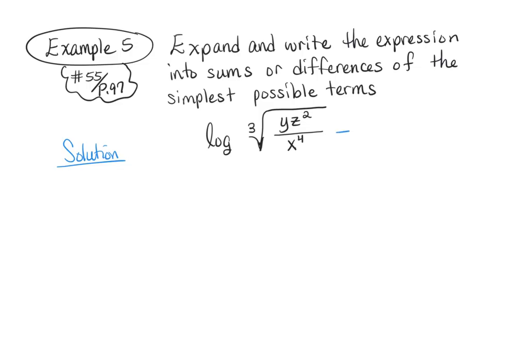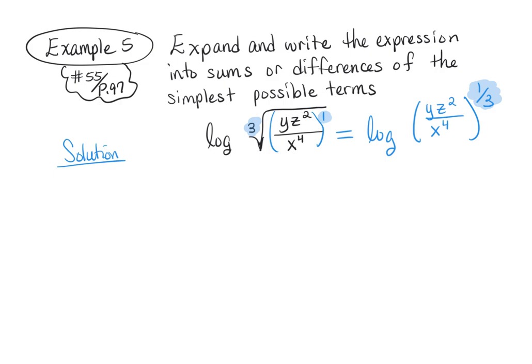So first thing we're going to do is rewrite this logarithm as log of yz squared divided by x to the 4th, that quantity raised to the 1/3. Because technically, this is really raised to the first power, and this 1/3 goes there. Okay, so that's really our exponent.